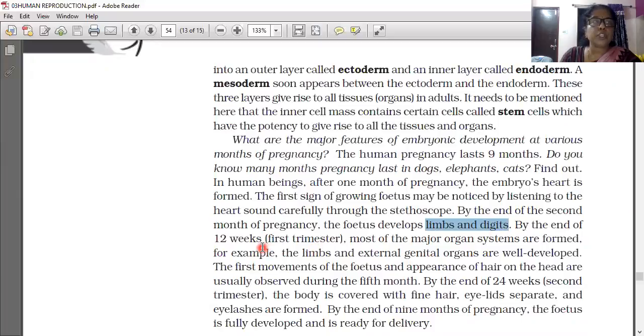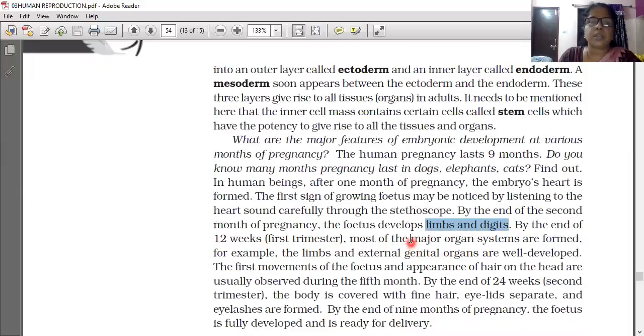By the end of the 12th week, that is the first trimester, 3 months are completed. The pregnancy is divided into 3 trimesters of 3 months each. After the completion of 12 weeks, most of the major organ systems are formed.